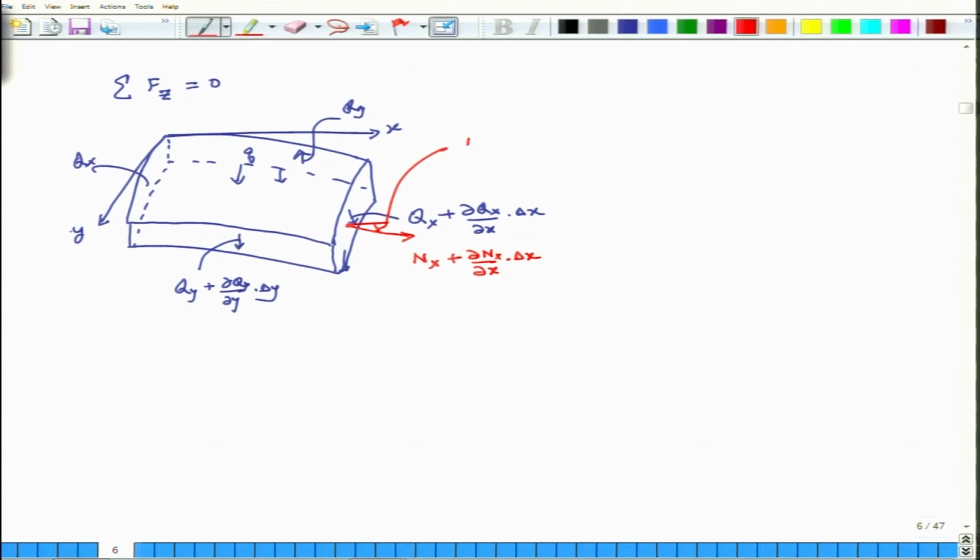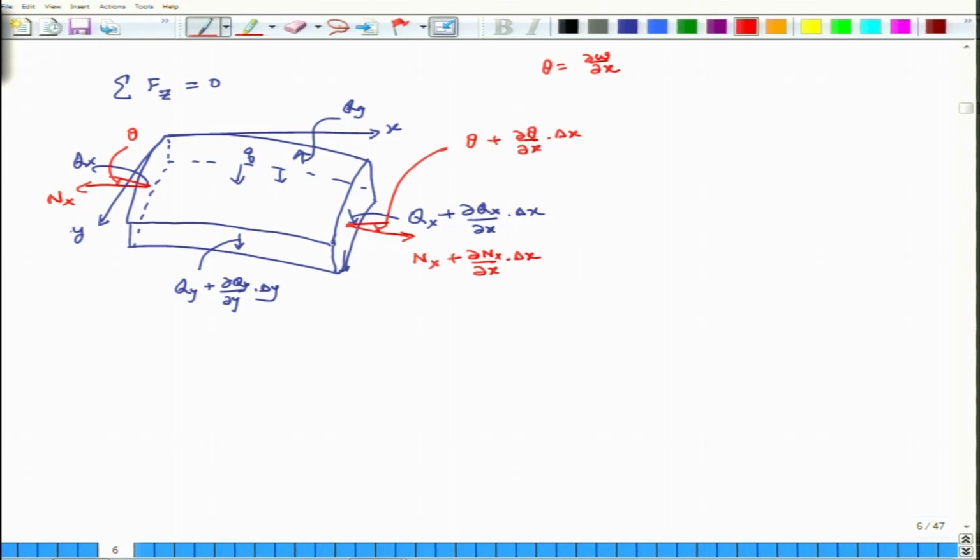So, what is this angle? It is theta plus del theta over del x times del x, and theta we have defined as del w over del x. Likewise here this is theta, and here I have nx.